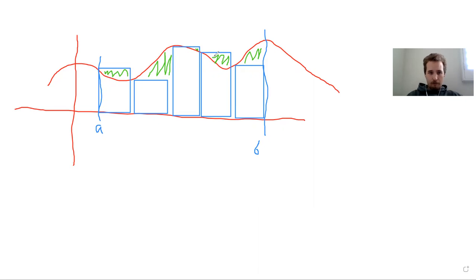We have 5 intervals. Let's say a equals 1, and then 1, 2, 3, 4, 5, 6, and b is equal to 6, right? And we want to use 5 rectangles to approximate this area under the curve.